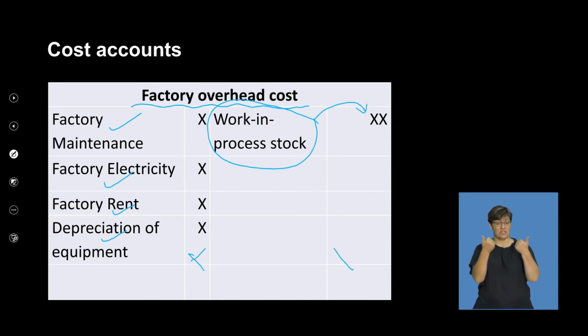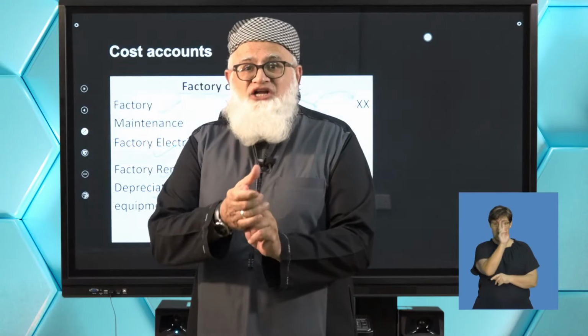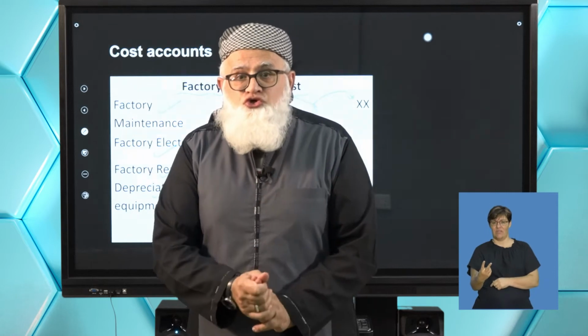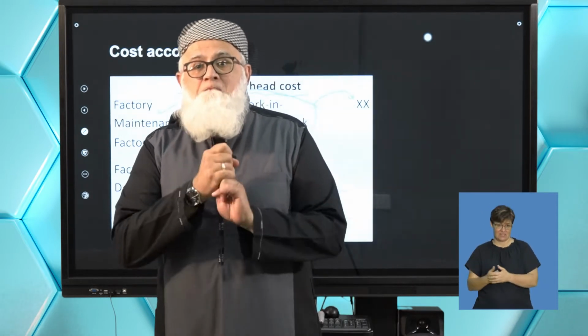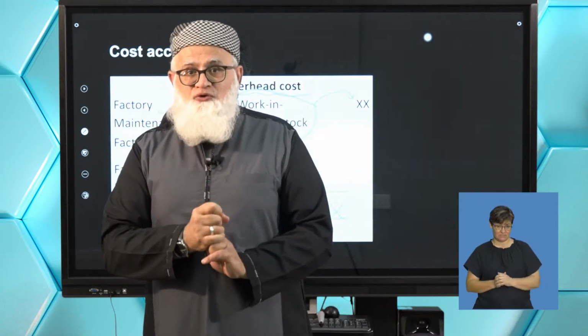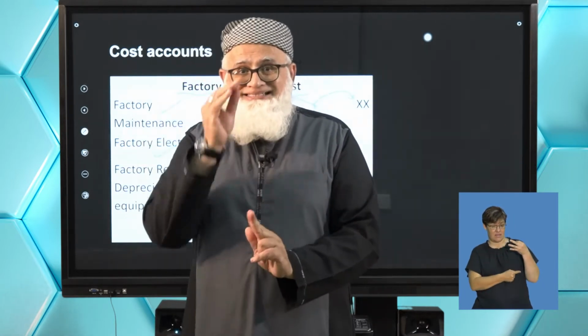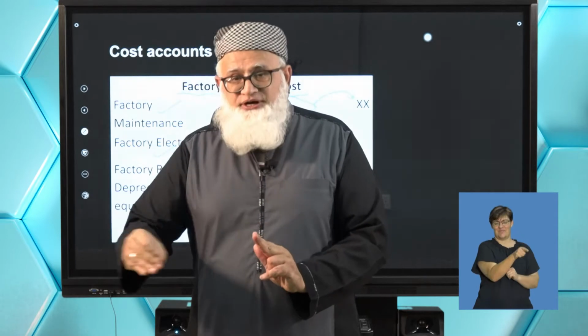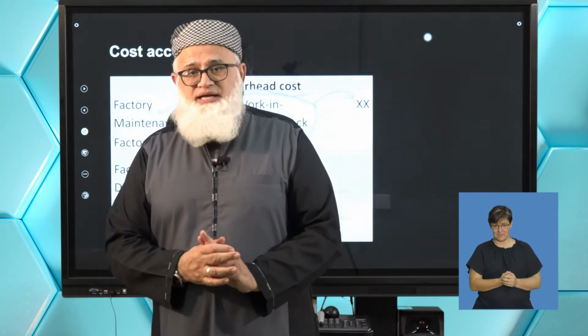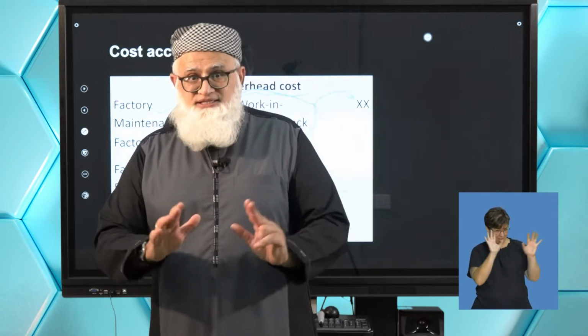Your cost account closes. So all your cost accounts, your direct labor, your direct material, and your factory overheads are transferred into your work in process stock account. That is important. Why? Because those three cost components deal with the manufacturing of that particular product. I hope it's crystal clear to you.